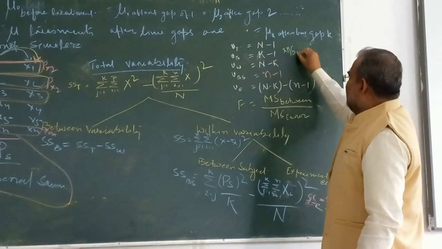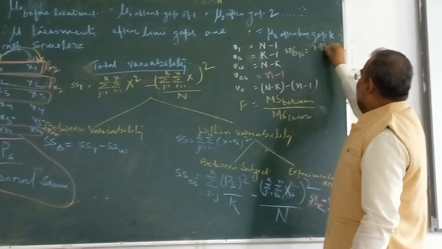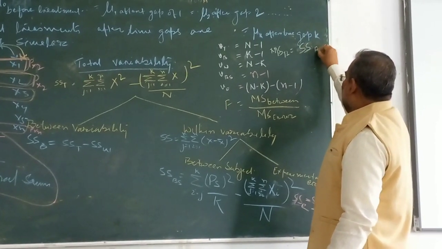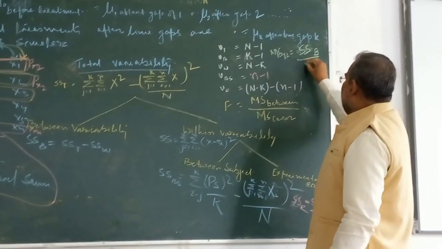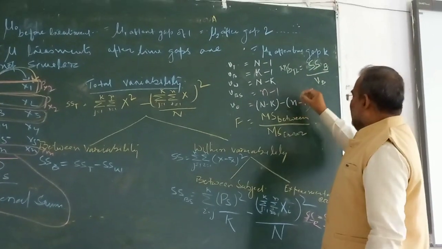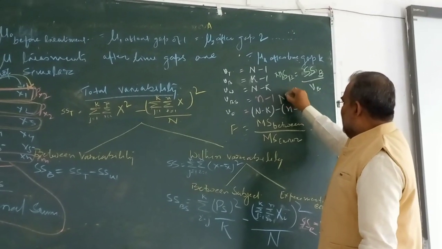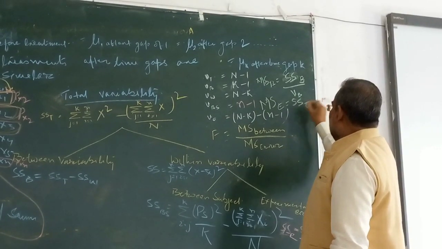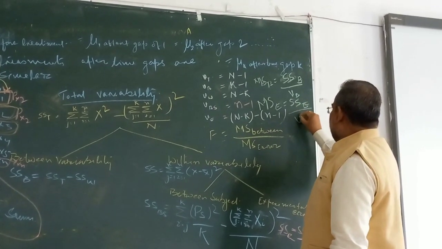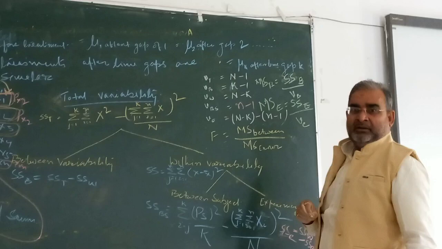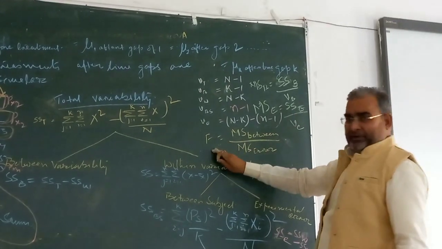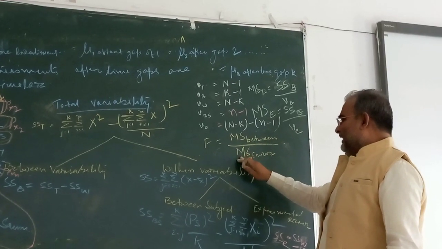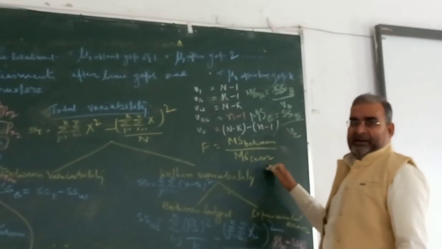MS between is SSB divided by degree of freedom B. Then we calculate MSE, SSE divided by degree of freedom E. And then we calculate the F by the MS between divided by the MS error.